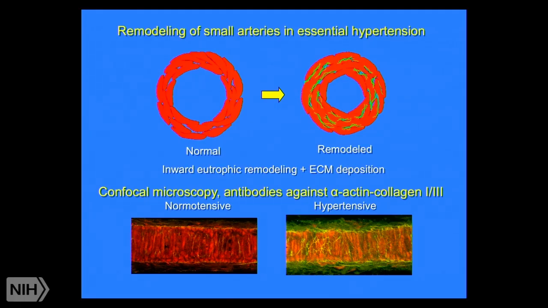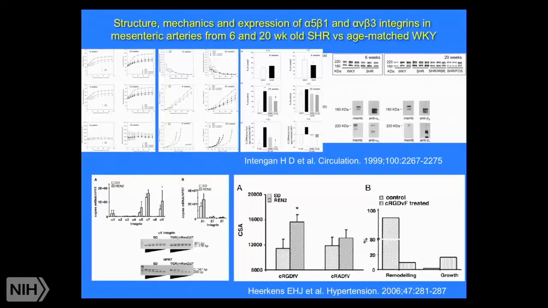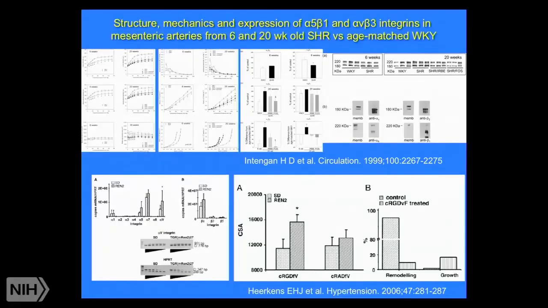Now, how does this occur and why does this occur? I think in that sense, you heard yesterday from Gerald Meininger, and we were interested in this not very busy slide, that the remodeling of the extracellular matrix may relate in part to changes that occur in integrins on the surface of smooth muscle cells.